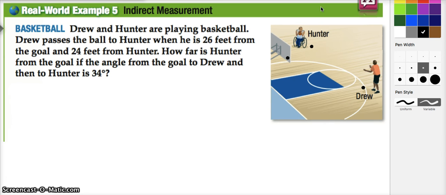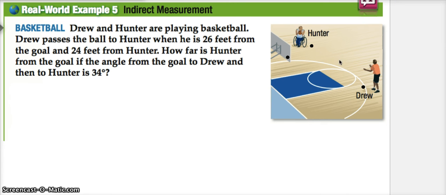This example is one of those where they give us a handy dandy picture, but we need to utilize our information to fill it out, to get the triangle. Drew and Hunter are playing basketball, and Drew passes the ball to Hunter. When Drew passes the ball to Hunter, Drew is 26 feet from the goal.